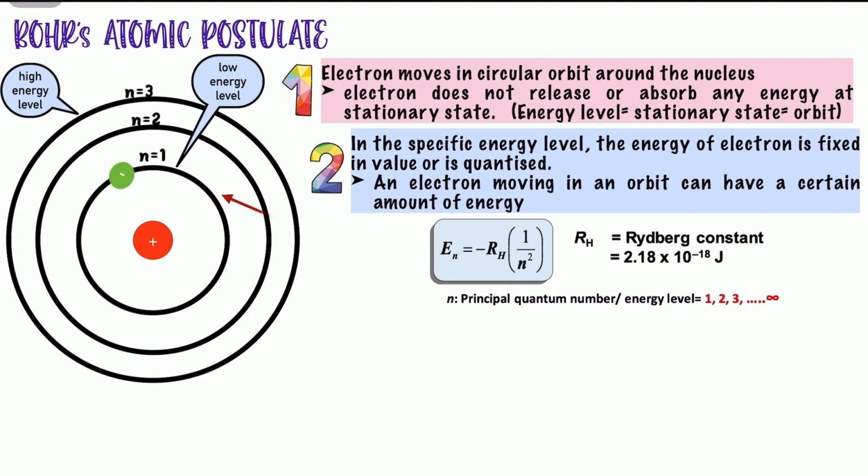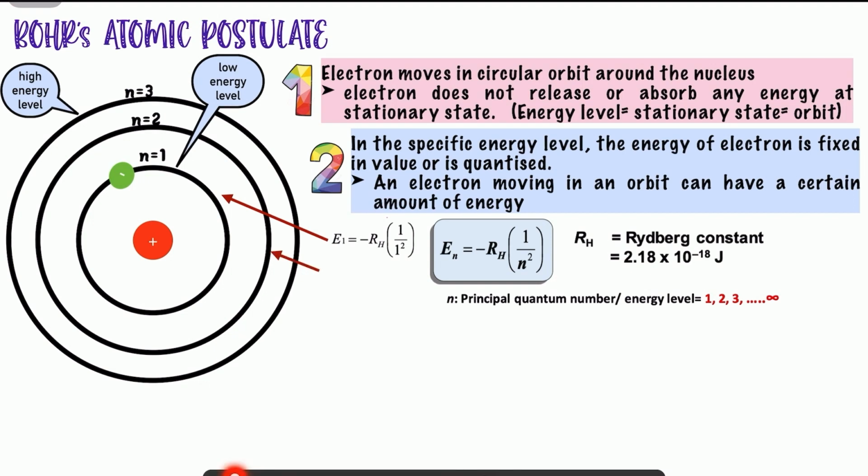For the example, if the electron at n equal to 1, so E1 equal to negative RH in bracket 1 over 1 square, because the n equal to 1. This is the calculation for the energy of electron at n equal to 1.